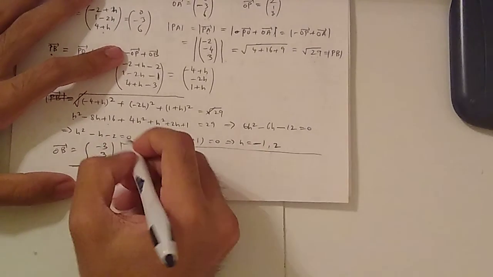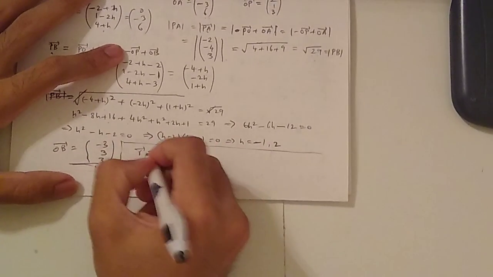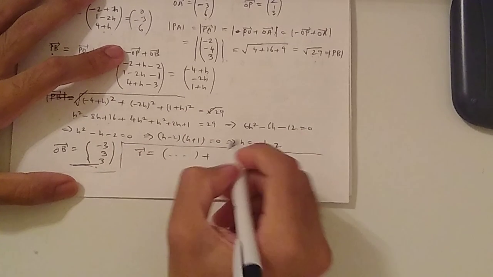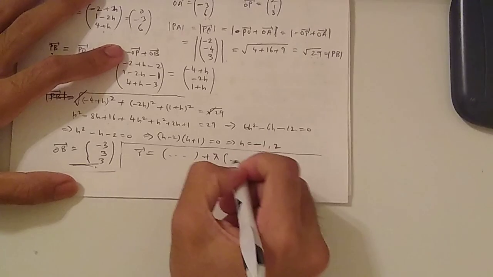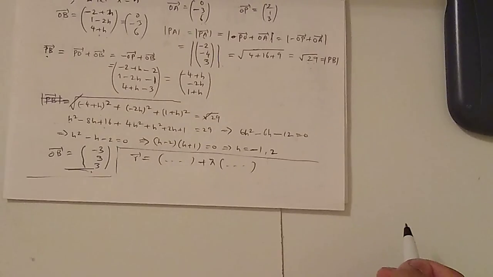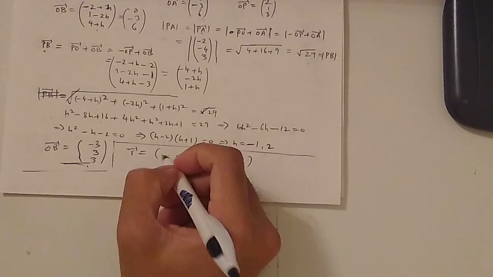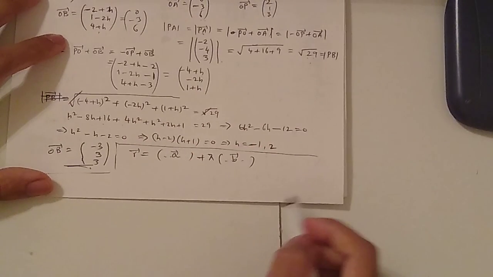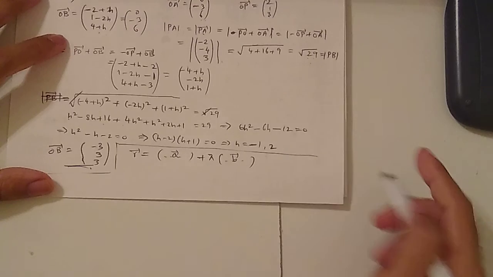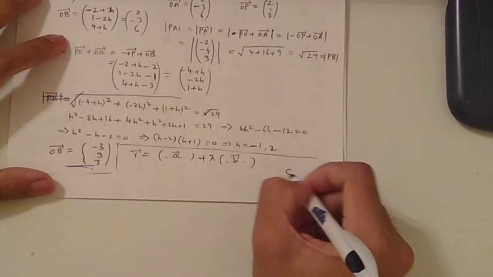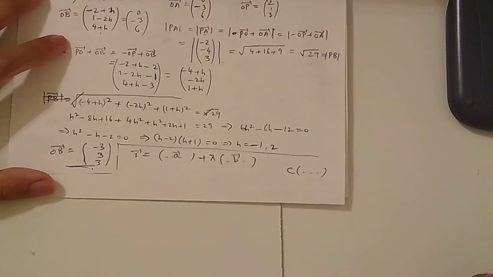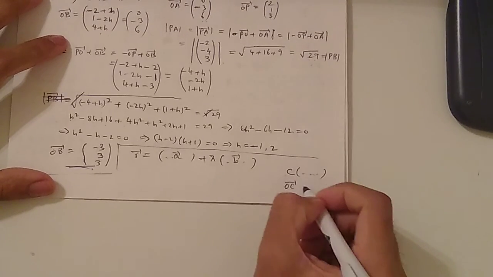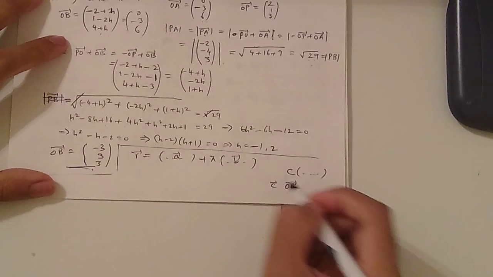Let's say that you have a vector equation r is equal to some vector plus lambda times some vector. Let's say that this is vector A, this is vector B, and you're given another point C which has some coordinates, and from the coordinates of C you can find the position vector C.